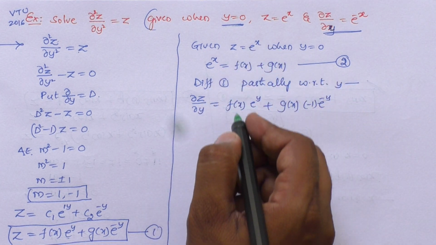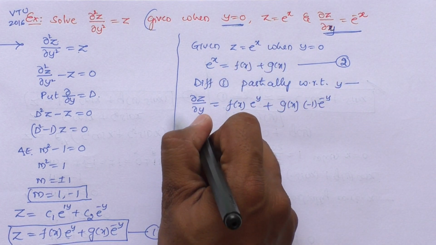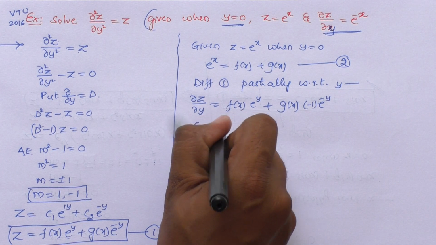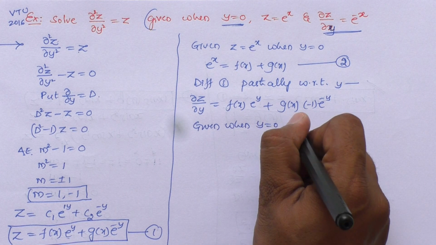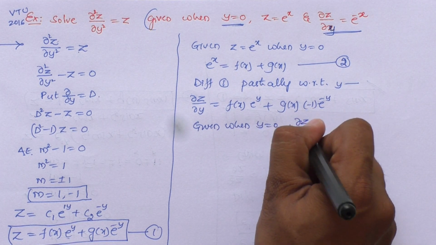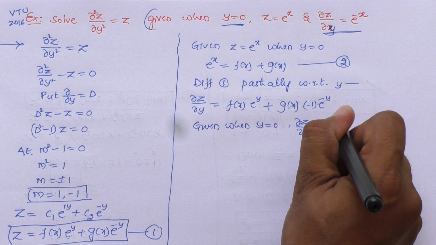So now apply the condition. Given, when y is 0, dou z by dou y equal to e raised to minus x.